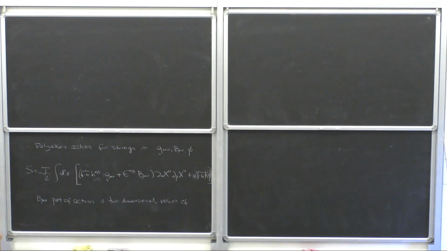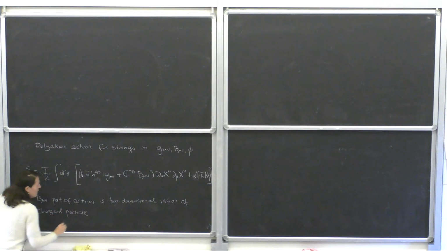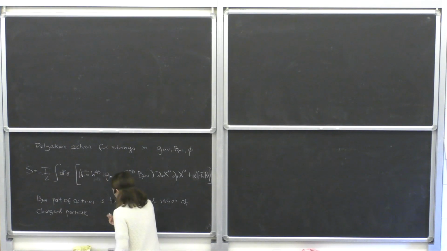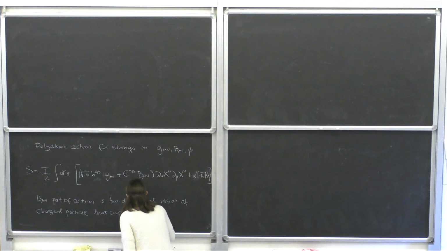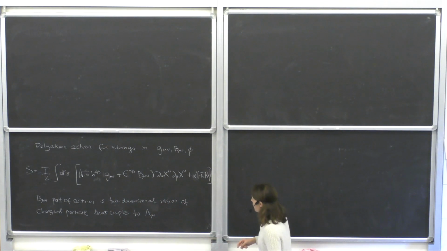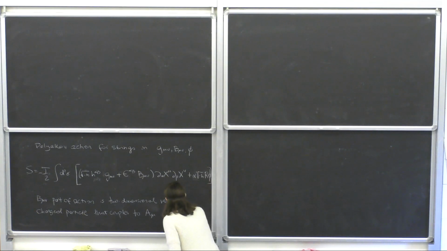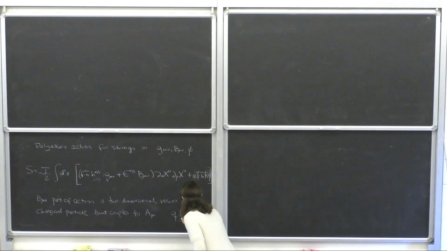So if you have a charged particle that is a source or that couples to some gauge field A_mu, then the way you write that coupling is by a charged particle of charge q, and then you integrate over the worldline. So it's a particle moving.